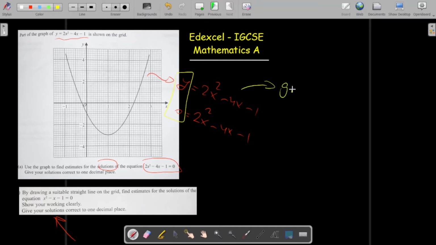This is the given equation, and this is the equation requested to solve.